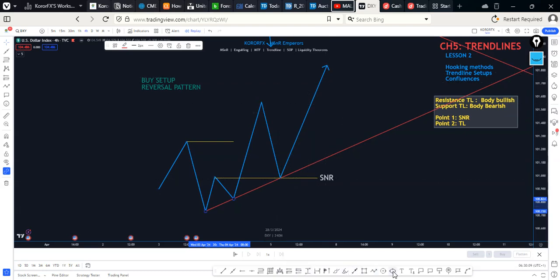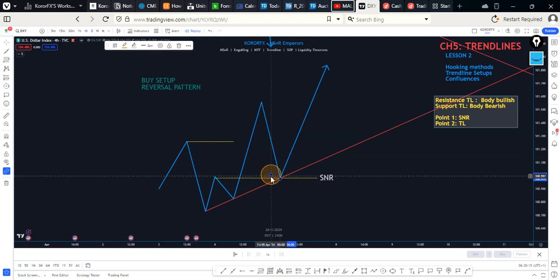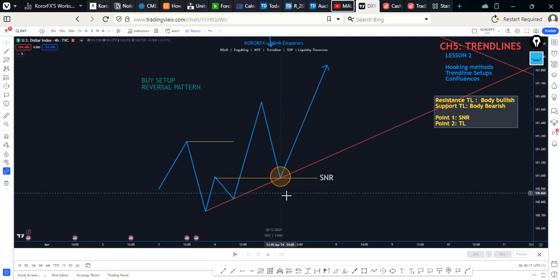In here is where we make our decision to buy. What do we have again here? We have SNR. We have the confluence, which is SNR plus trend line.